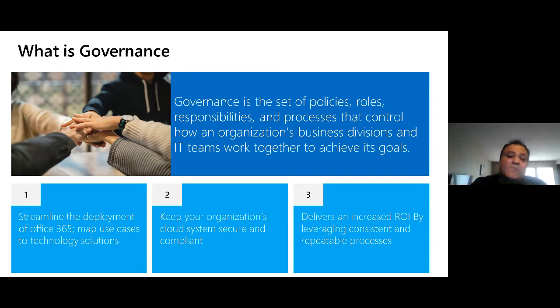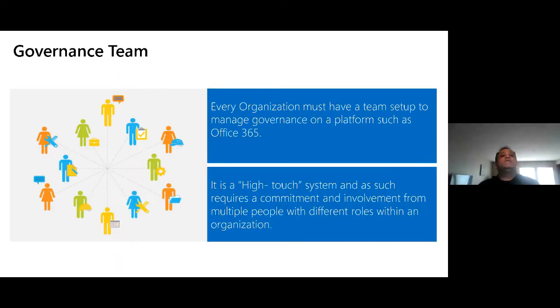But before you can implement a governance plan, you need to understand that every organization, regardless of size, regardless of corporate structure, government regulations, or what have you, needs to have a governance team. And it can be expensive when you are in a highly regulated industry, or it can be very limited to just one or two people if you're in a smaller organization.